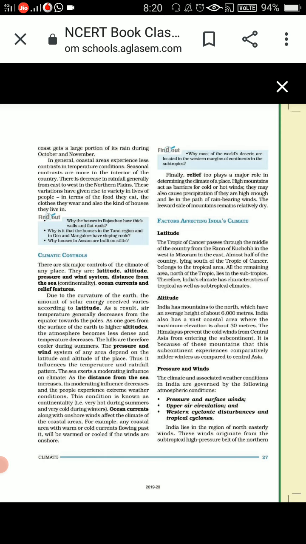Now comes the altitude, the height. Children, the mountains in India are towards the north, and the average height is 6,000 meters. You all know India has all types of landforms. It also has vast coastal areas, whose elevation is nearby 30 meters.